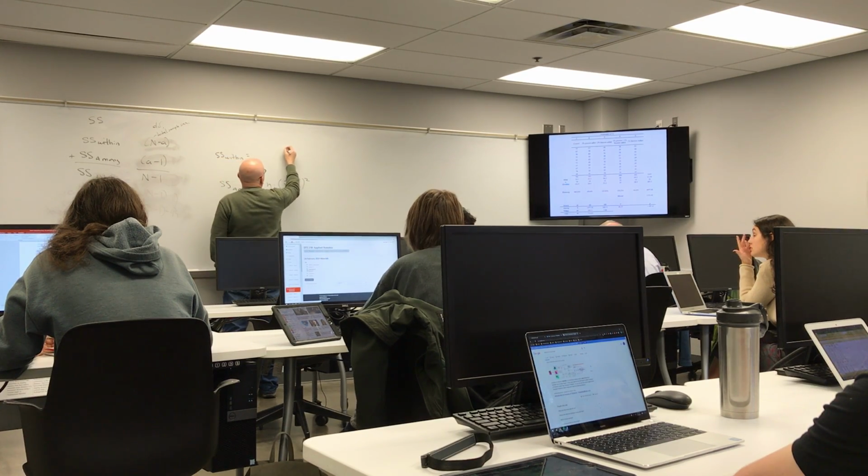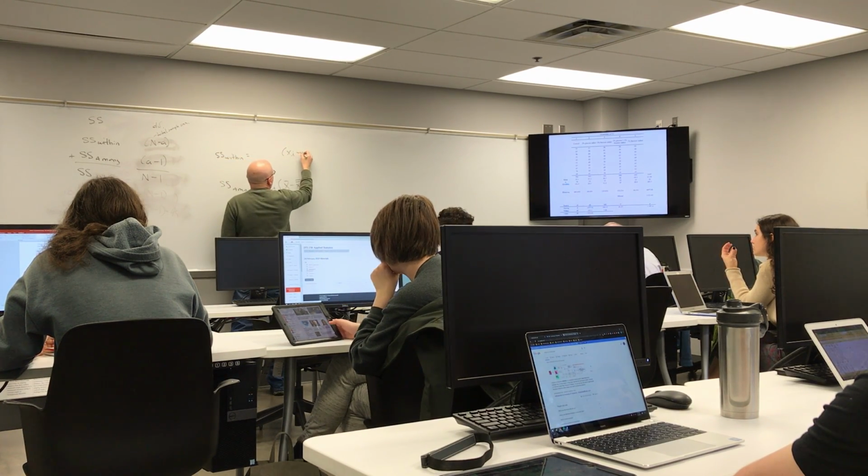Sum of squares within is the individual values minus their sample mean.